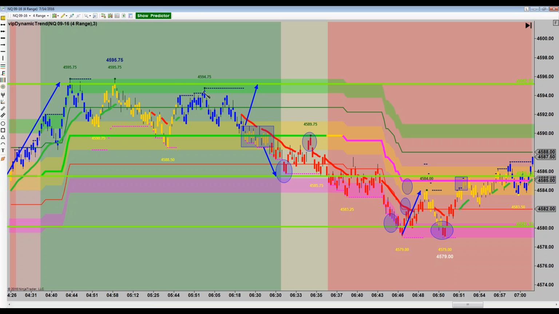So let me ask a question. This trade here, let's say you got filled at the bottom of this bar. I don't know, 87 3/4, 88, somewhere right in here.